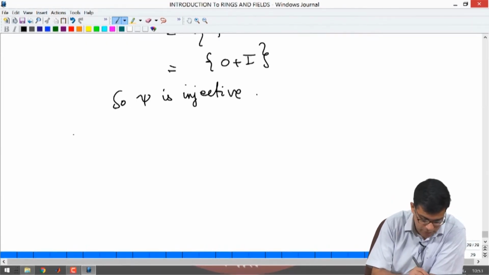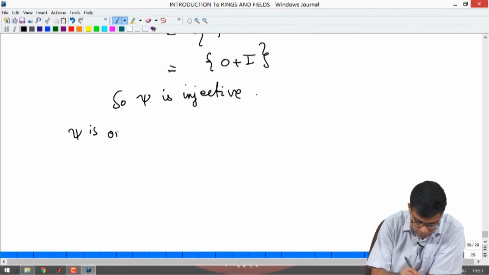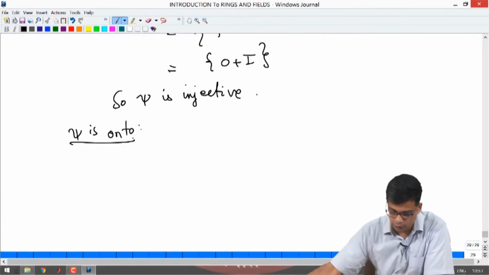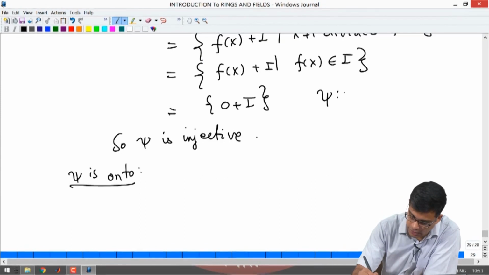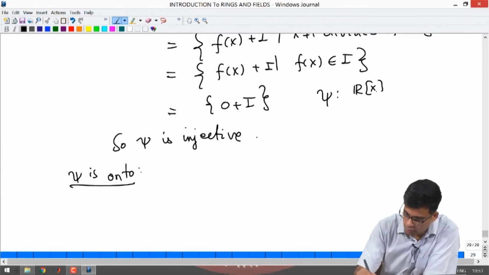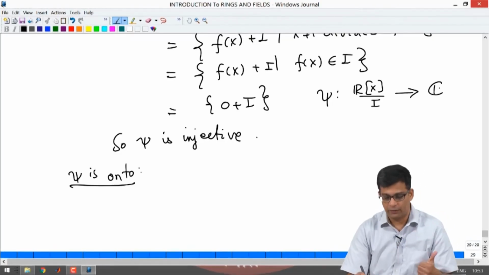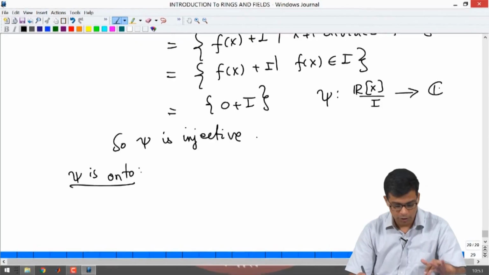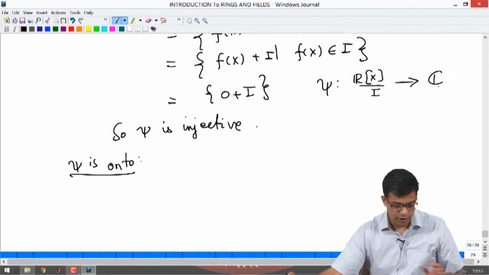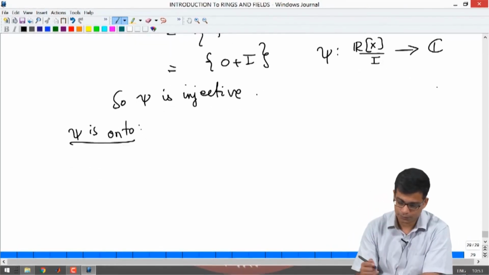So, the final point is psi is onto. Just to recap, what we are doing is, we have a map from R[x] mod I, the polynomial ring mod I, to C. So far I have shown that it is a well defined ring homomorphism. I just showed that it is injective, and finally I will show that it is onto.